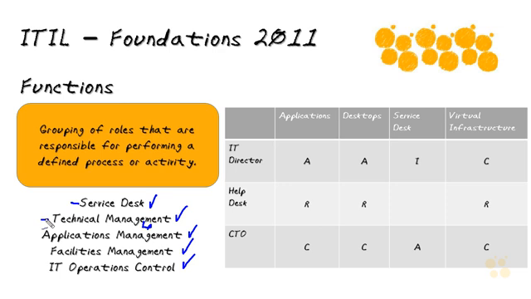Now, I also need to tell you a little bit about this. This is what is known as a responsibility assignment matrix, or a RAM chart. This particular one is called the RACI chart, depending on what you're talking about. Now, in the RACI model, and by the way, there are other models, there's the PARIS and a couple others, but the RACI one is what you're going to see for ITIL.